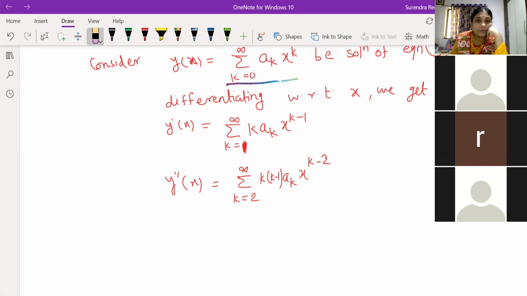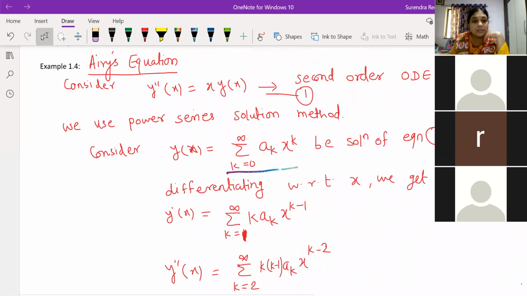Now in equation 1, if we see, I replace y of x and y double dash of x here. The y dash is absent in equation 1, so I won't keep that.